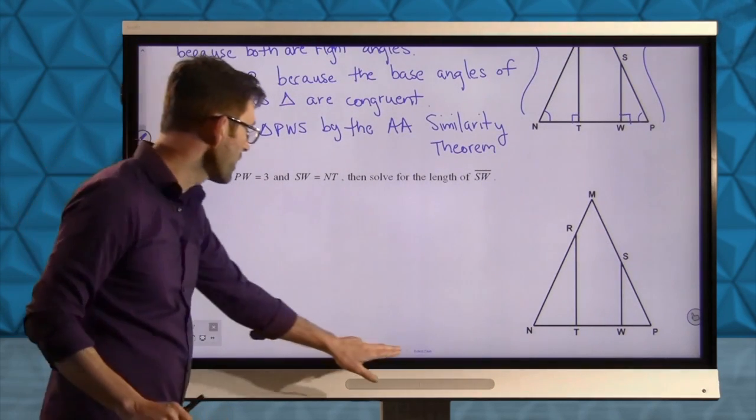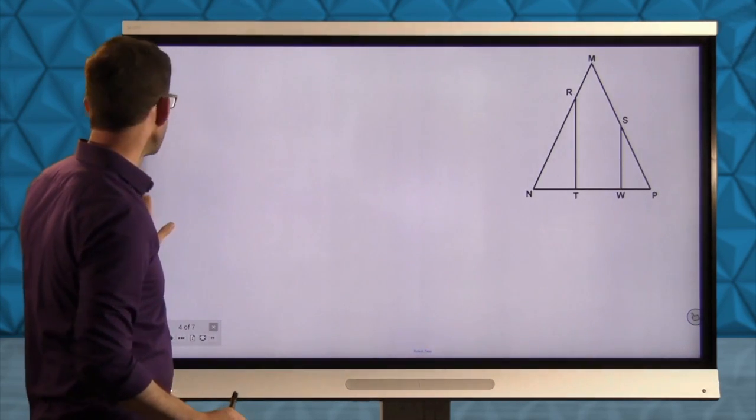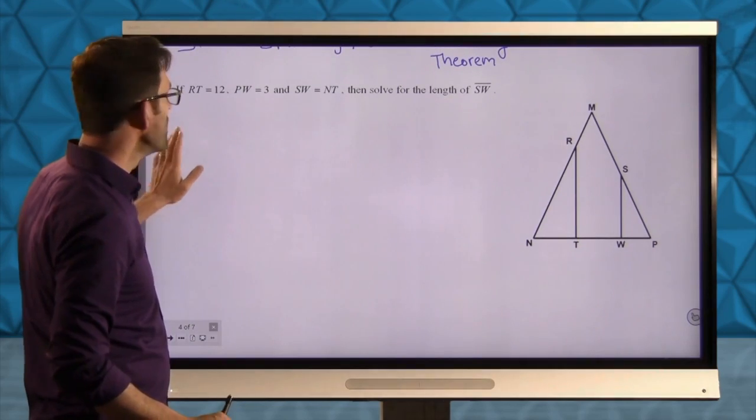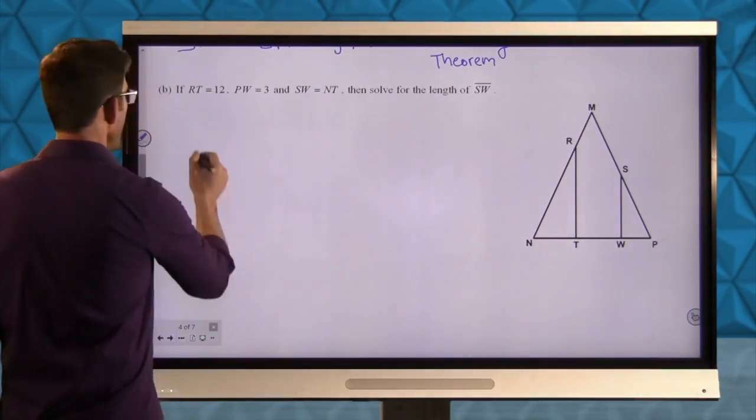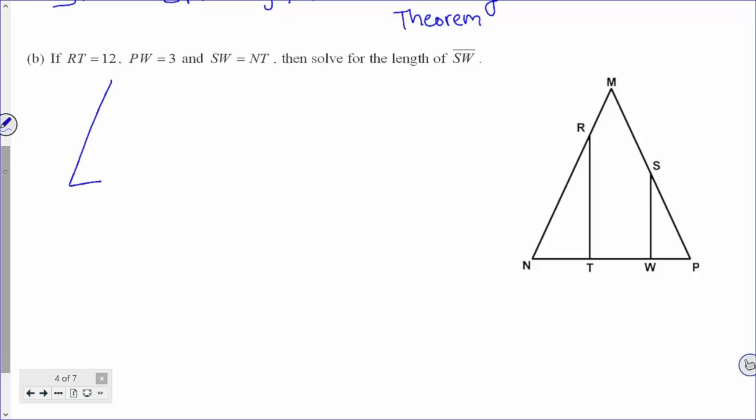Now, let's do a similarity problem. All right, not a proof, but a problem. So now, we know that these two triangles are similar, all right? And I'm going to actually draw them separately. Okay, we have RTN and, beautiful picture, SWP.